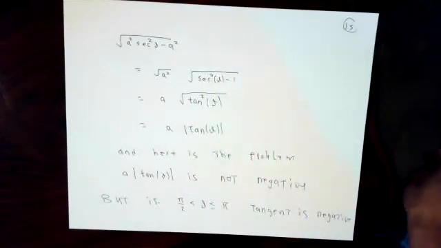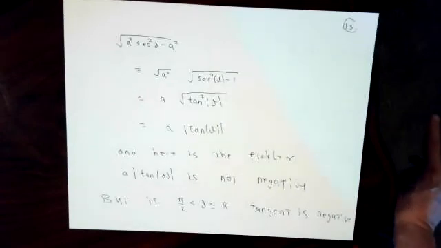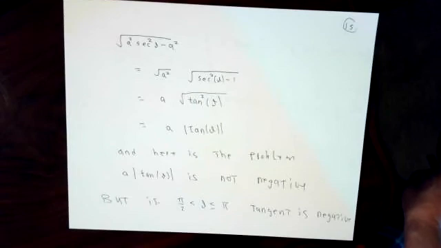The square root of the square of something is the absolute value of the thing. And the problem is, I'm going to have to discriminate between two different cases depending on whether the tangent is positive or whether it's negative.